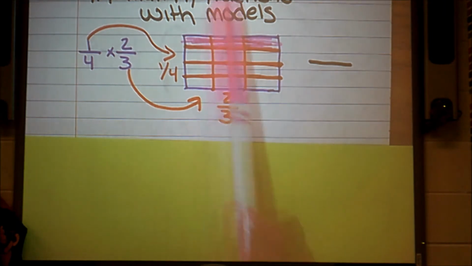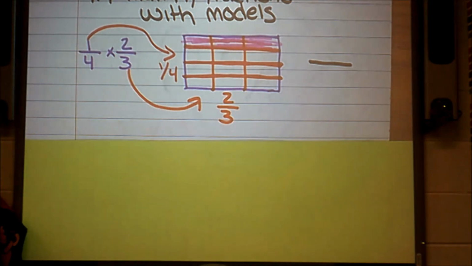And then going up and down, you can see that I have cut it into thirds, because that's what my denominator is, thirds. And then I'm going to shade in 2 entire columns.